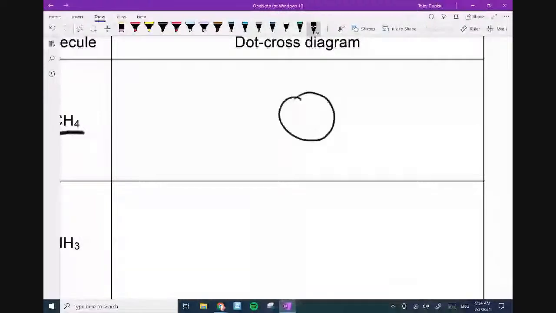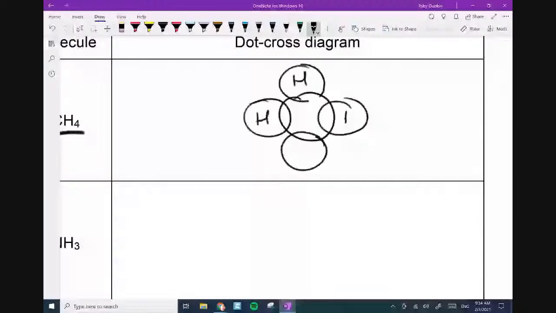Oh, I definitely need to put a new battery in my pen. There we go. Dot, cross, dot, cross, dot, cross. And everyone's happy. That is it. Methane, nice and easy. 2 marks. 1 mark for that guy. 1 mark for that guy.